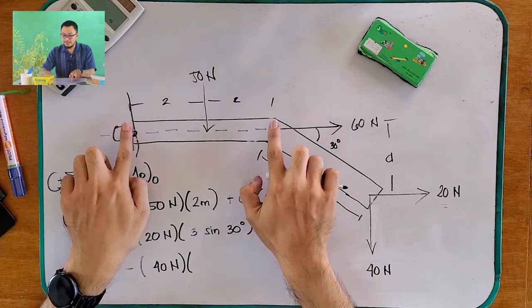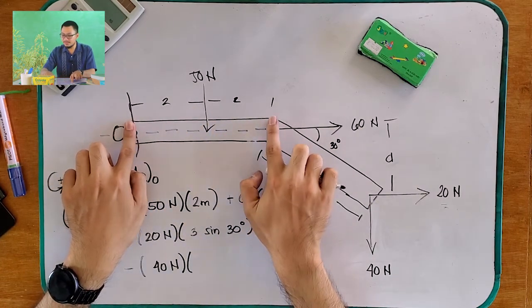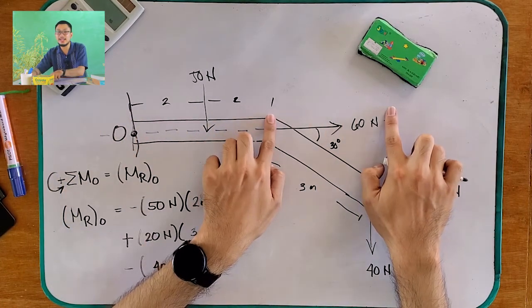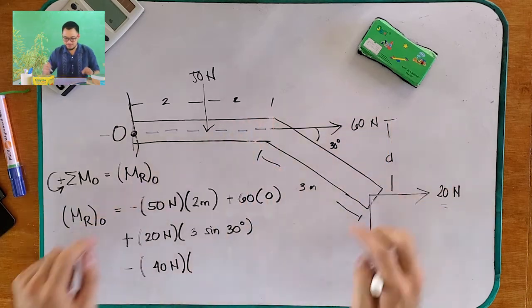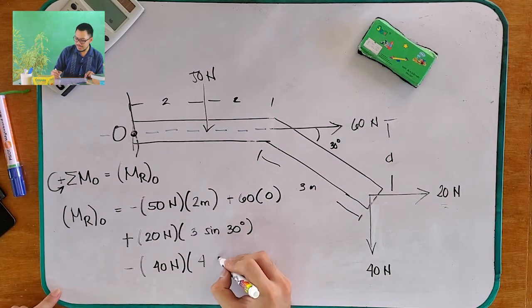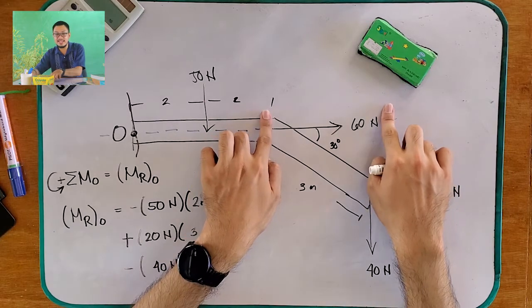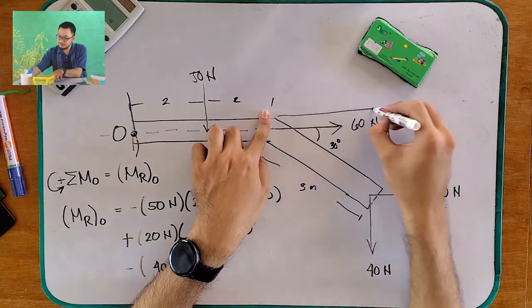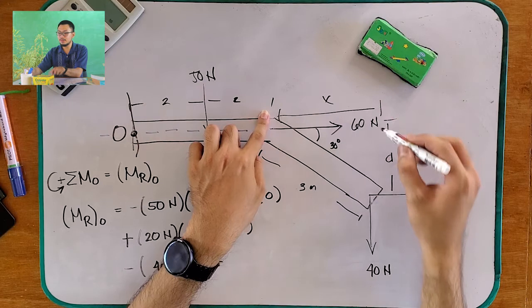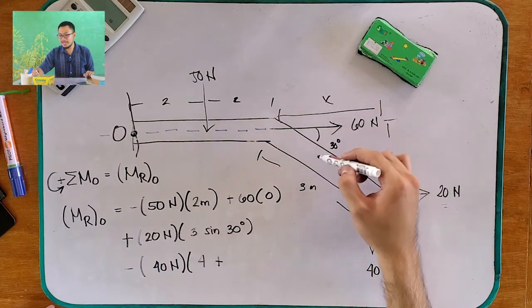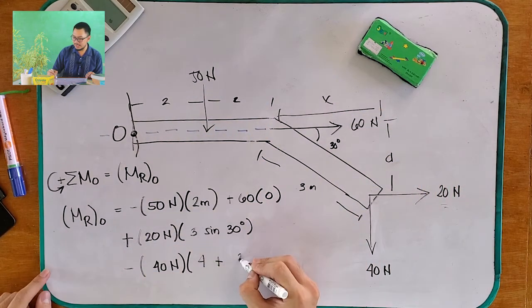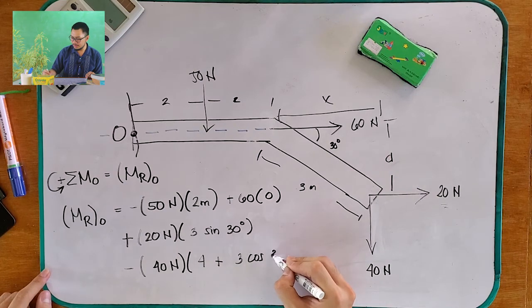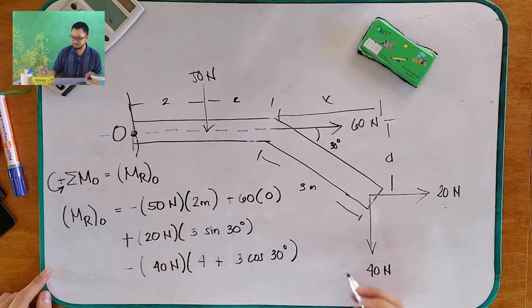All you have to do is 4, di ba? This is 2, 2. This is 4. Plus this distance here. 4 plus, what is this distance? This is your x. So, adjacent over hypotenuse. That is 3 cosine of 30 degrees.